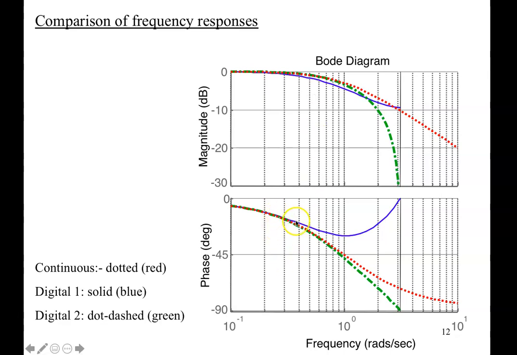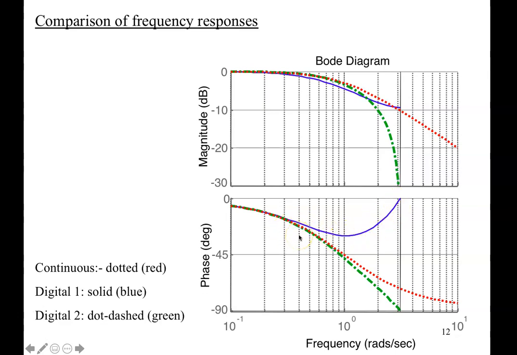Now, the same argument goes for the phase plot. You can see there, this is actually quite clear cut, because the bilinear will give you a much closer match to the continuous time, whereas the blue backward method is quite different.